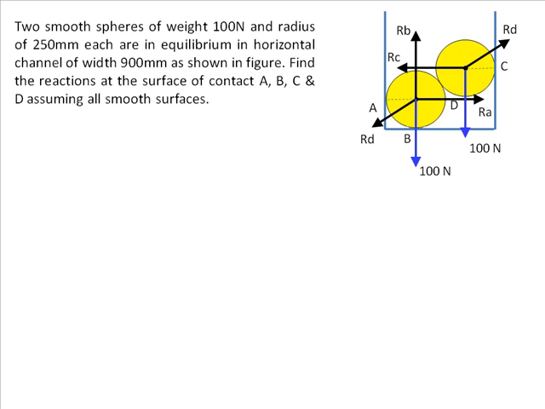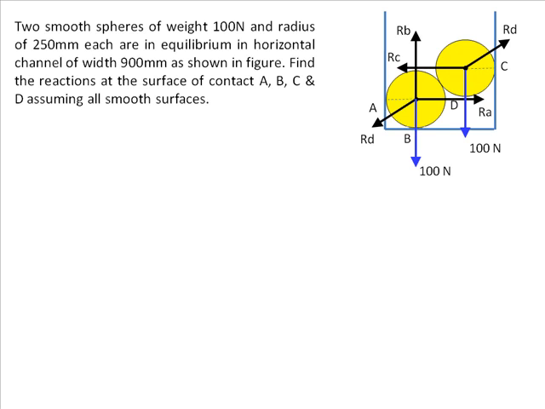100 and Rb and Rc are easy to see. But see Rd, let me explain. Both cylinders touch each other at D. That contact is supposed to be tangential. So, if you draw a tangent to both of these, there is a contact.